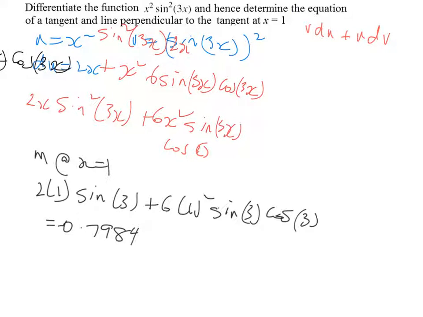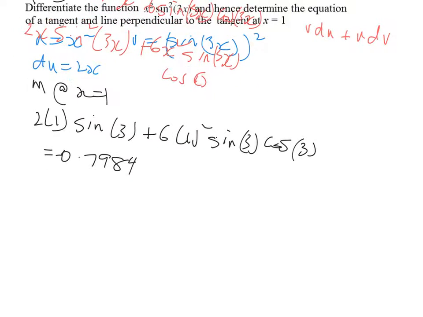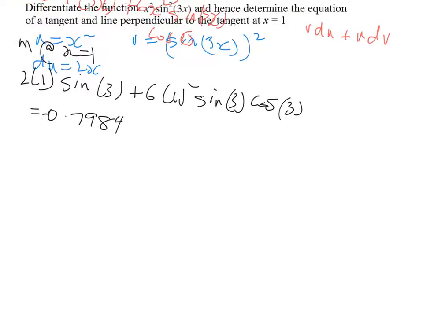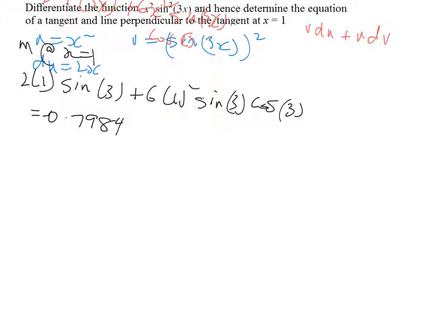So we want to find the line. If we want to find the equation of the tangent, we're going to substitute. So that's a value for m. We have to use y minus y1 equals m times x minus x1. So now we've got a value of m, and we can substitute that in there. We've got a value of x, which is 1. We just need to find a value of y. So to find our value of y, we substitute 1 into the original.